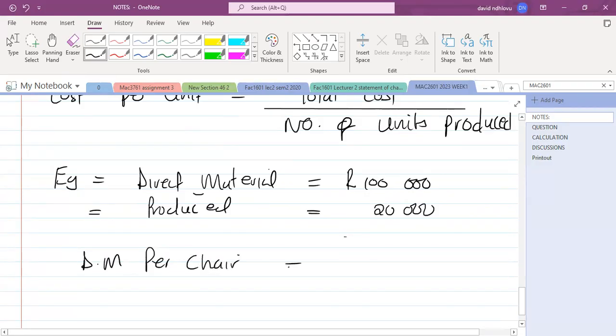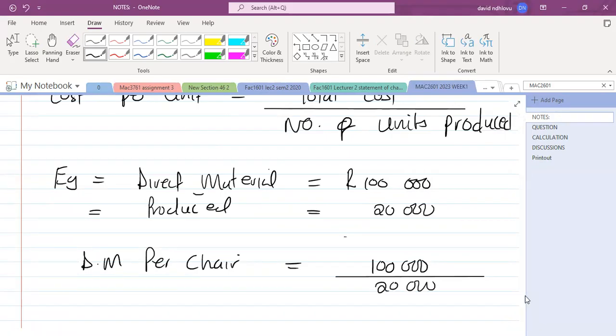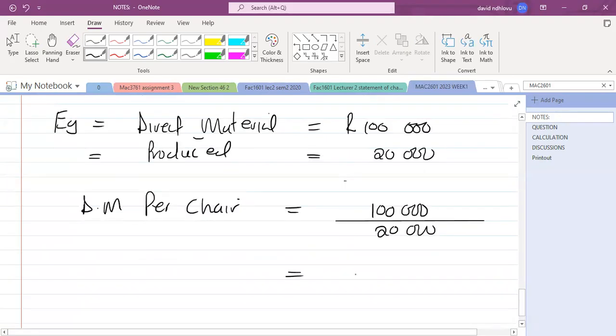That's very simple. How much in total did I pay? How many chairs of the same type did I produce in total? I produced 20,000. So it cost me 5 rand, 100,000 divided by 20,000. Yeah, it cost me 5 rand of material per chair.